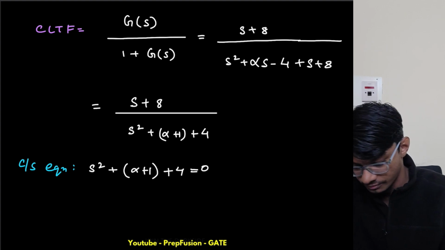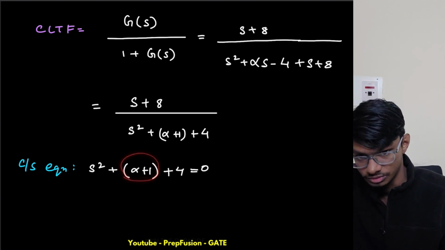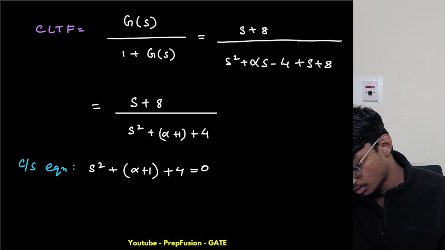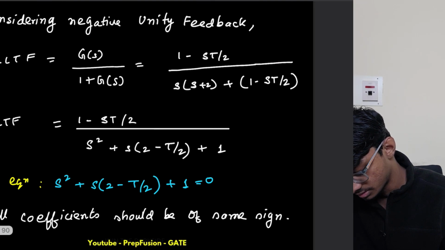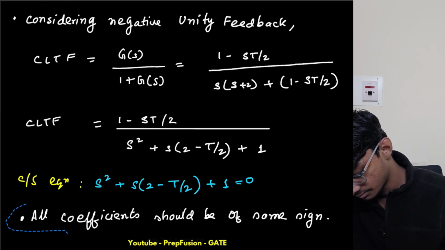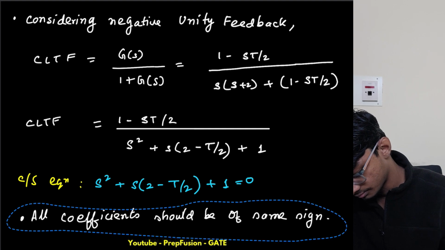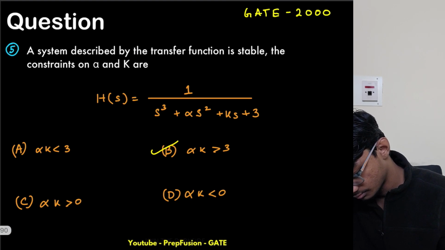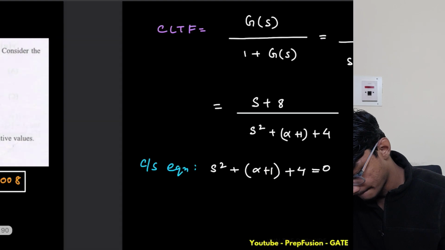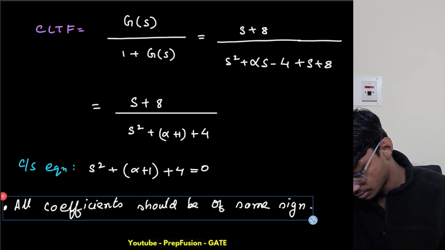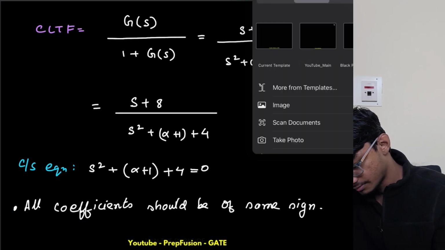So these two are positive, then this third term also needs to be positive. Okay, so again I will copy the previous statement, that all the coefficients must be of the same sign, right?